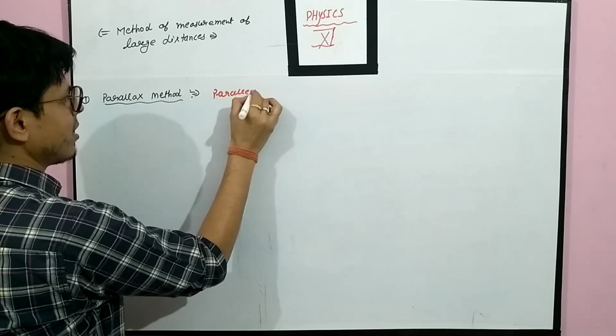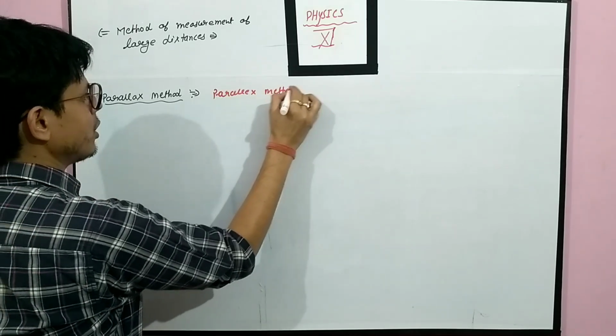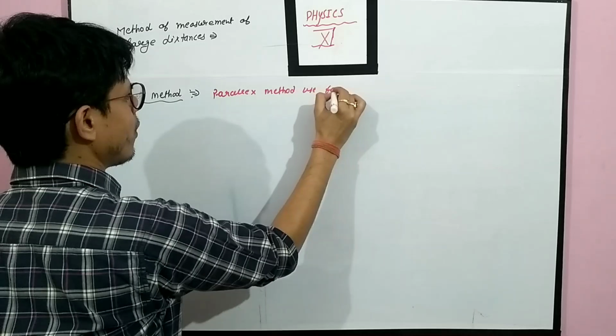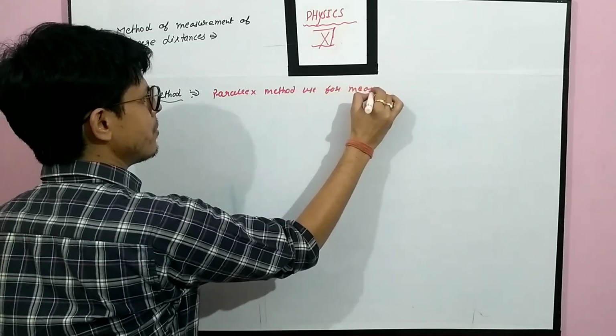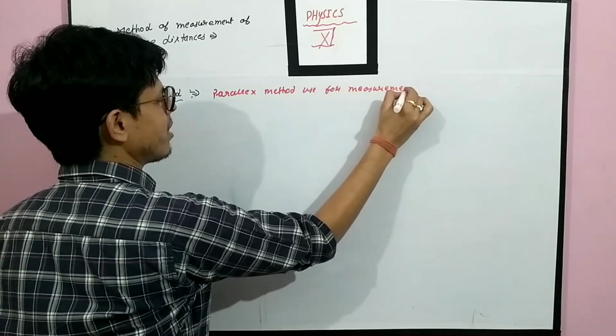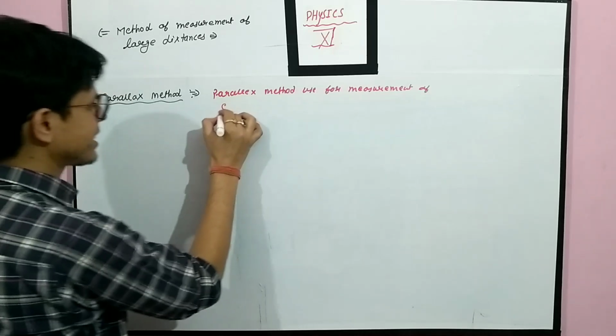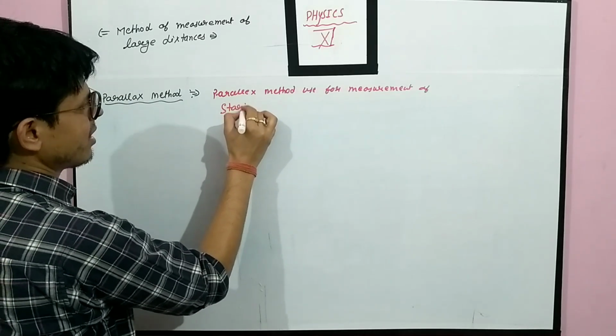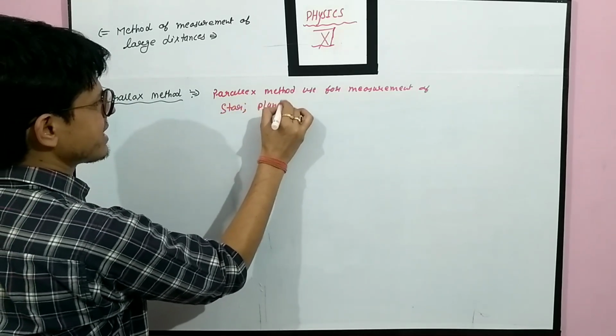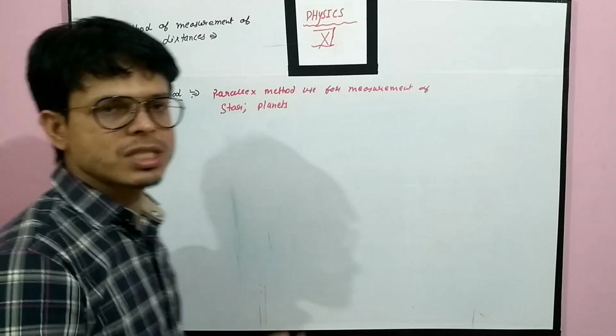The parallax method is used for measurement of stars and planets, like in the solar system.